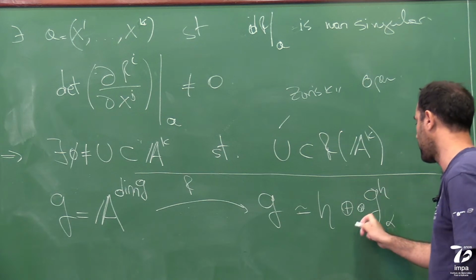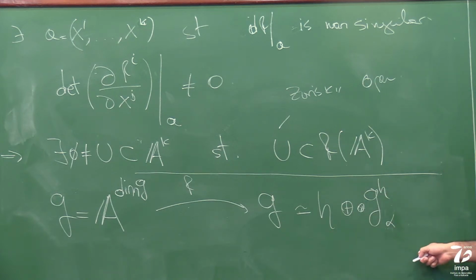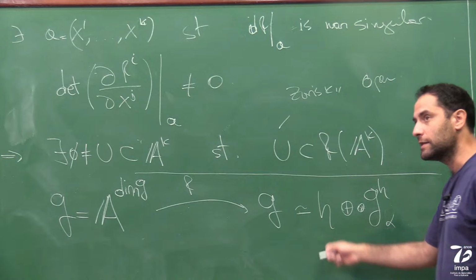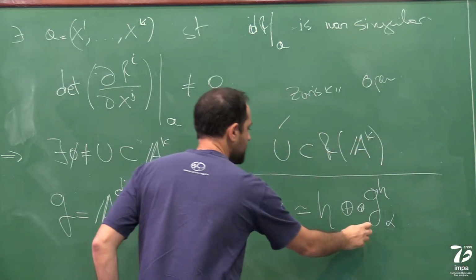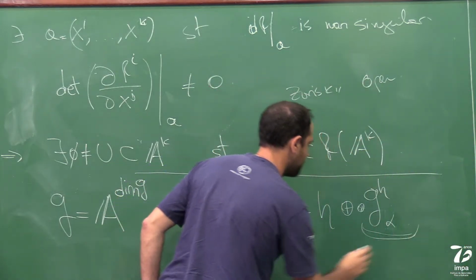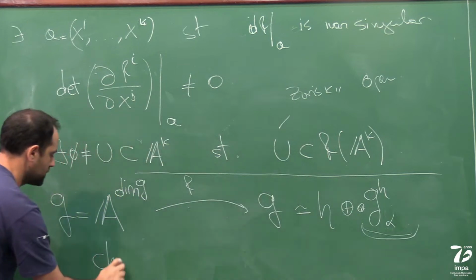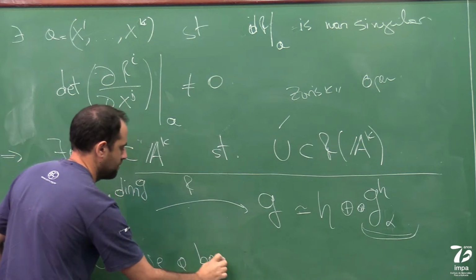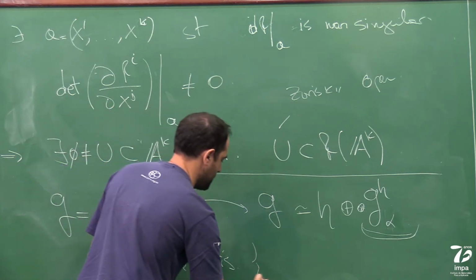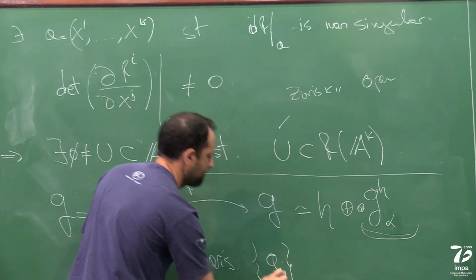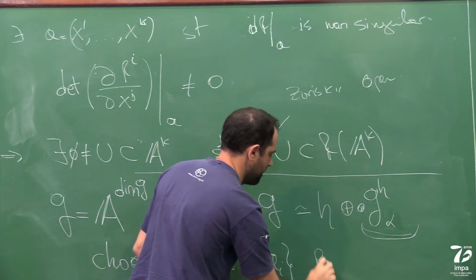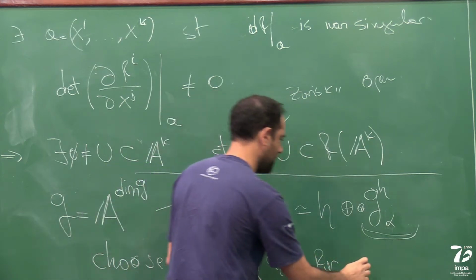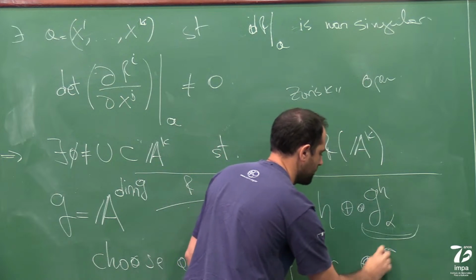So this is the decomposition with respect to the adjoint action of H. So we're going to choose a basis, A_i, of all of this space.